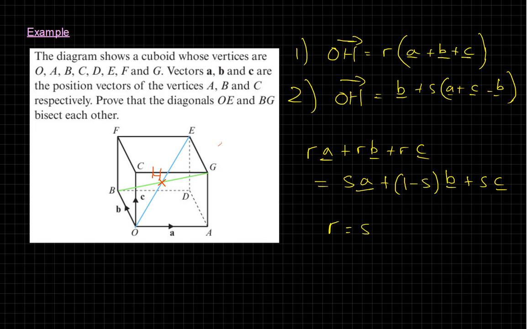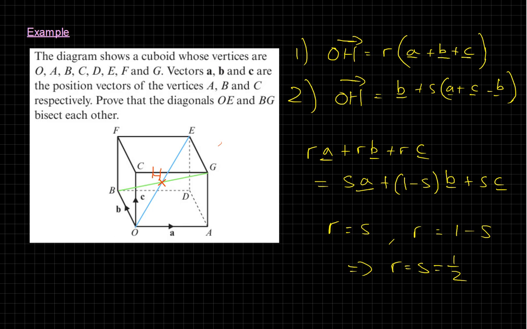I've got r equals 1 minus s. Okay, r equals 1 minus s. Now, is there a set of values which satisfy both of these equations at the same time? The only ones, if you do your algebraic rearrangement, is r equals s equals a half. That's the only way. Two numbers, they're equal, and yet one minus one of them gives me the other. They're equal to a half.